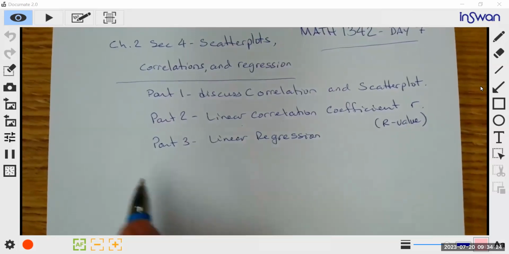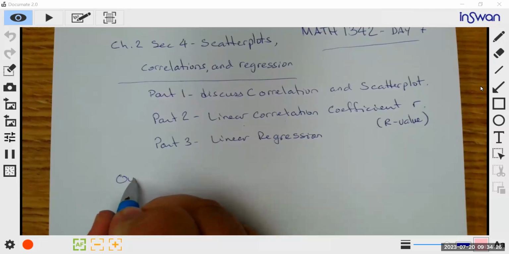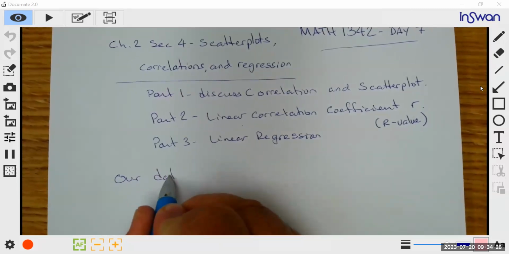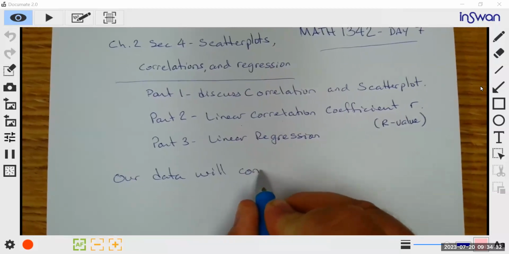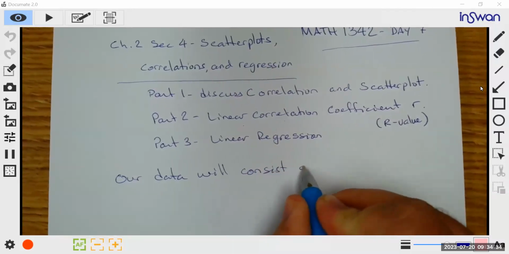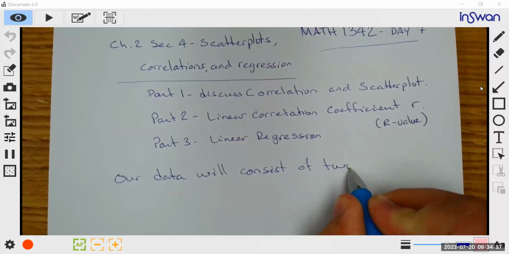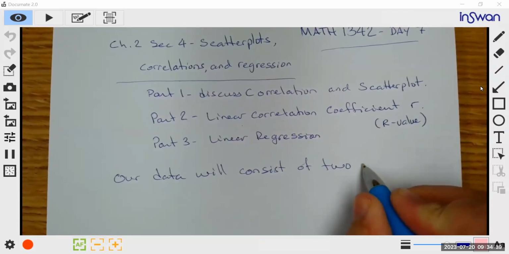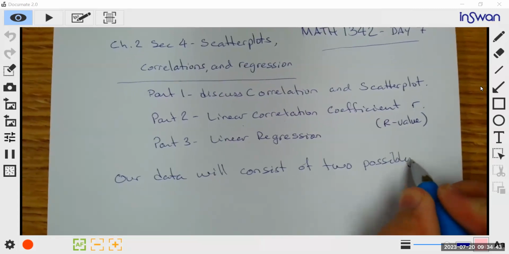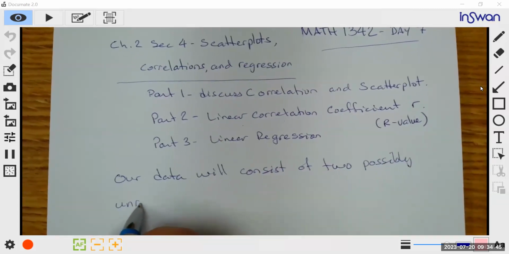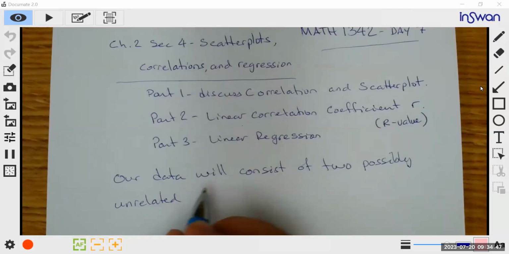What we're going to be looking at here is our data will consist of 2 possibly unrelated characteristics.